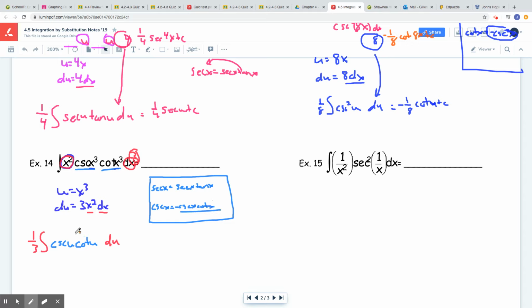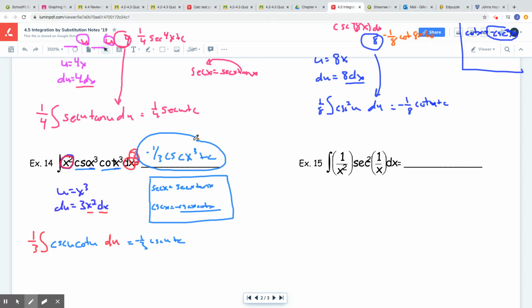So right there is what we have here. The signs are opposite, so the answer is negative 1/3 cosecant u plus c. So final answer, negative 1/3 cosecant of u, which is x cubed, plus c. And there's my final answer.